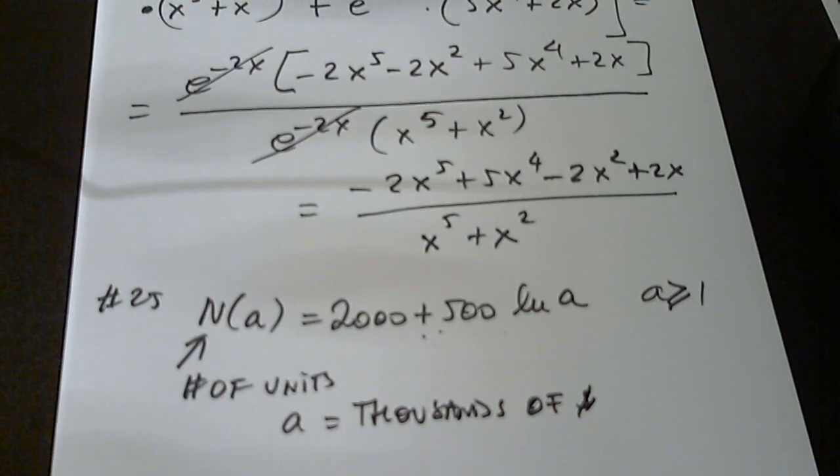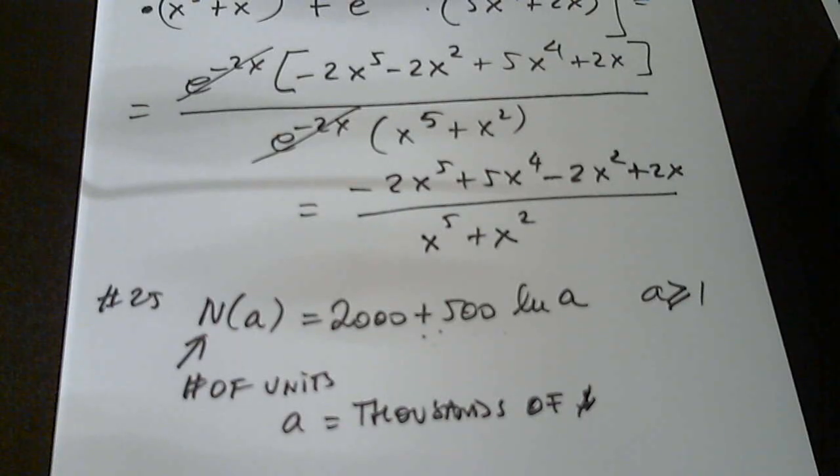How many units are sold when 1,000 is spent on advertising? Okay, so if it's in thousands, I have to plug in 1 in the function. So the function is 2,000 plus 500 natural log x.